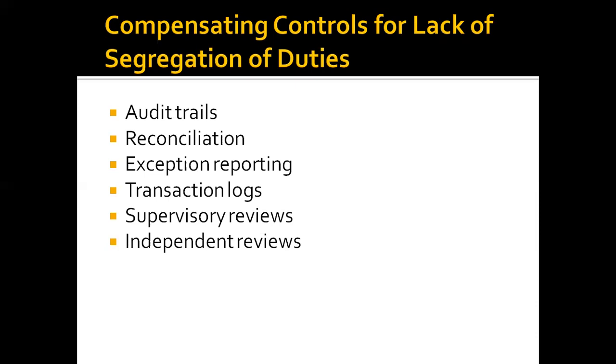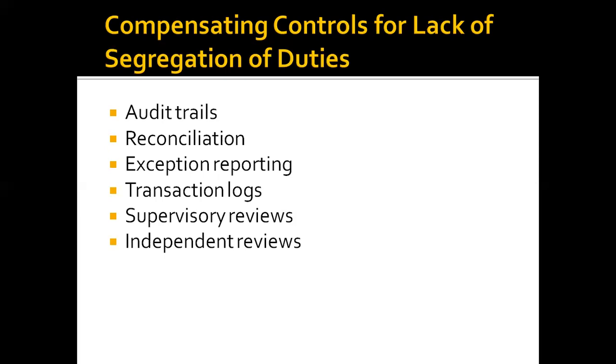Number two, reconciliation. So we want to be able to regularly, maybe per week, per month, per quarter, compare accounts, and from there you can know whether irregularities have occurred or not.